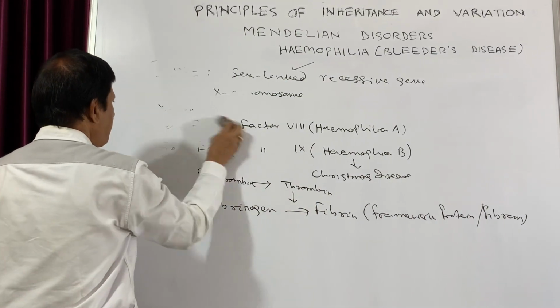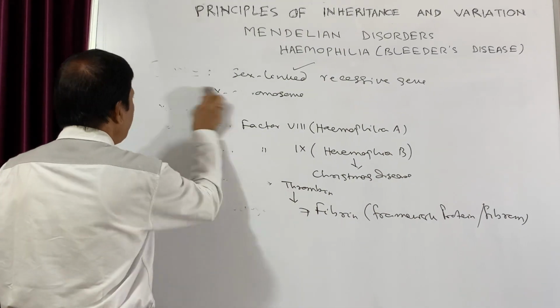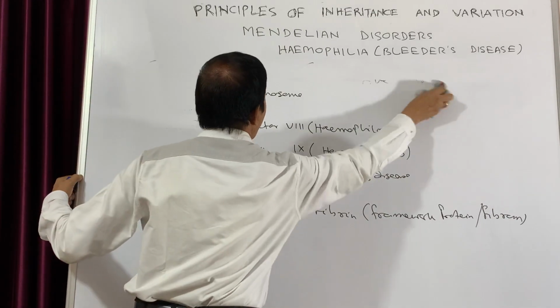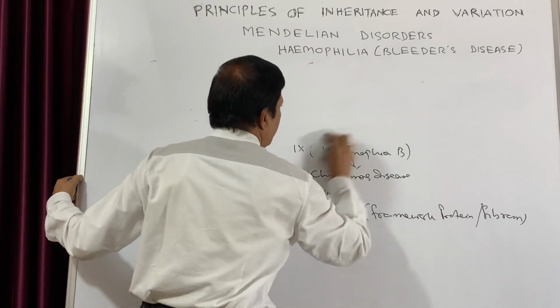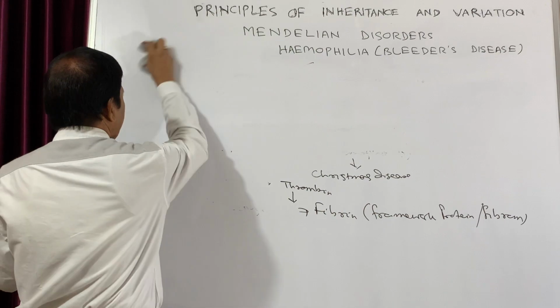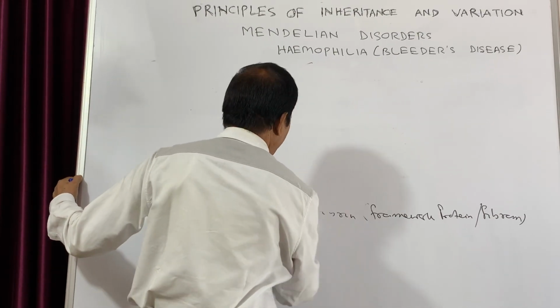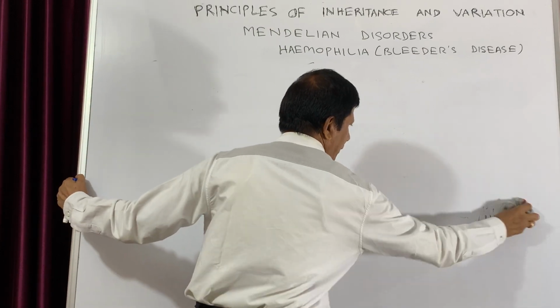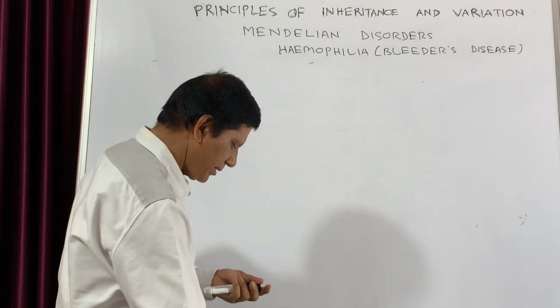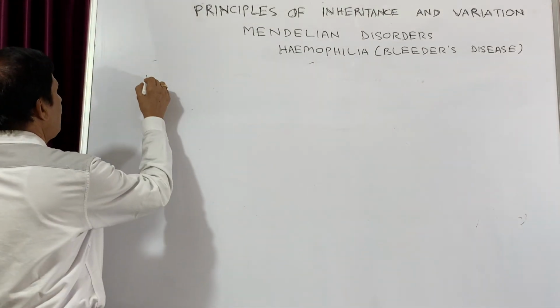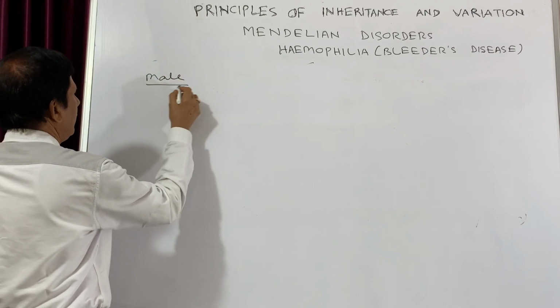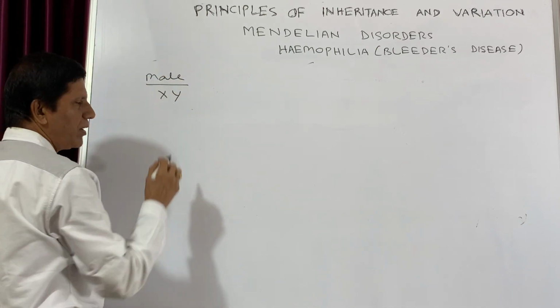Inheritance of the gene. So this gene is present in the X chromosome, and you know that in the human male there is one X chromosome and one Y chromosome.